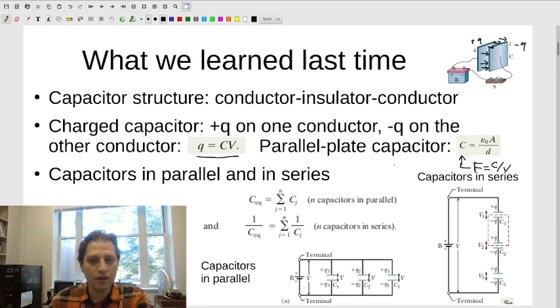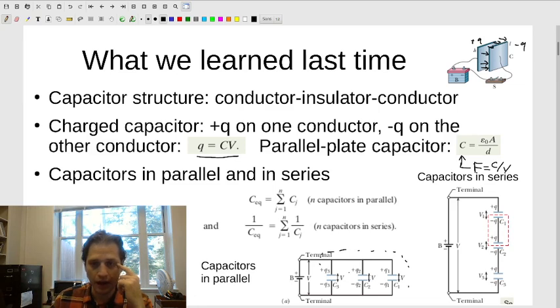Now, one idea that we introduced right at the end of last video is that you could have capacitors in parallel and in series, and this would change the overall capacitance. So we could go ahead and bundle our capacitors together and get an overall capacitance of that bundled capacitor.